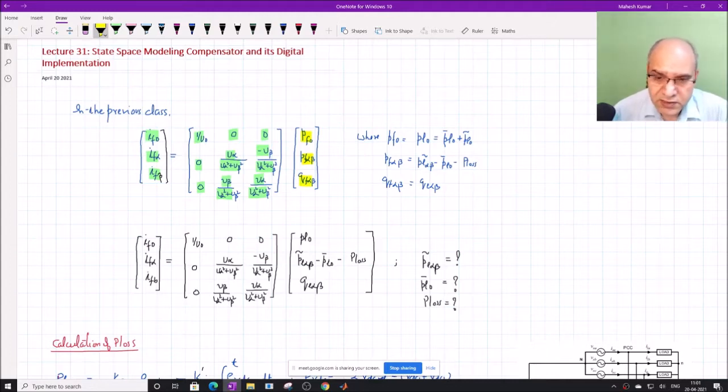In the previous class we discussed what these compensator power components have to be substituted for.